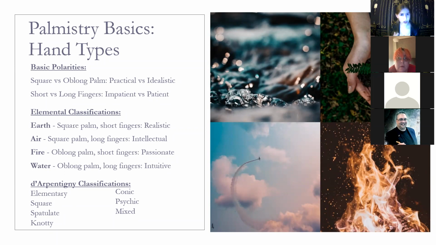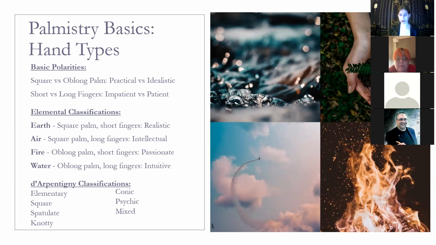And there are more lines on the palm than even the conic type. So these people are idealistic, sensitive, imaginative. They also can be worrywarts because there are a lot of worry lines, a lot of stress lines on their palm. And they might be more spiritual or dreamy.